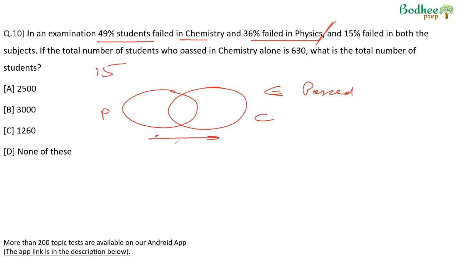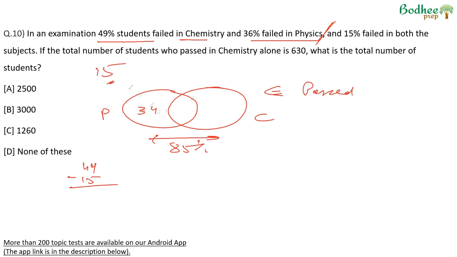There have to be 85% people in the Venn diagram overall of passed students. 49% failed in chemistry. When I look at people who failed in chemistry, 15 is here. So the remaining should be in this box, which passed only in physics. So 49 minus 15, 34 would have passed only in physics. Therefore, 34 and 15, 49 would have failed in chemistry.